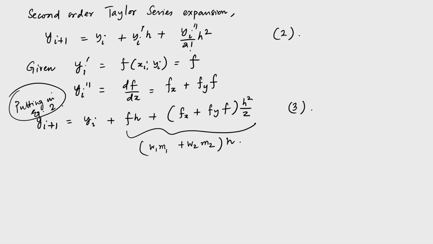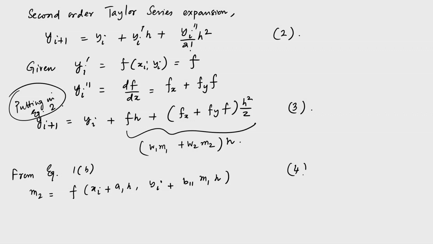So, if we look at the slope M2, from equation 1b, M2 is given as, just to remind ourselves, f of x I plus A1 h and y I plus B11 M1 h.